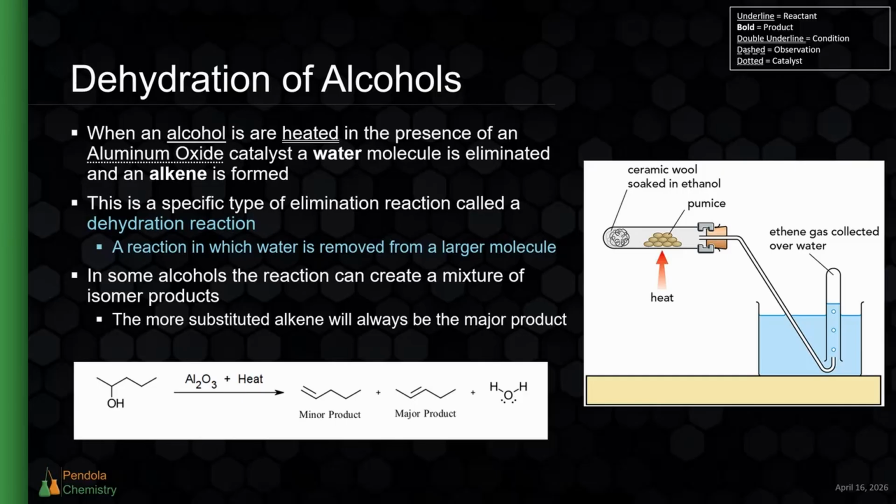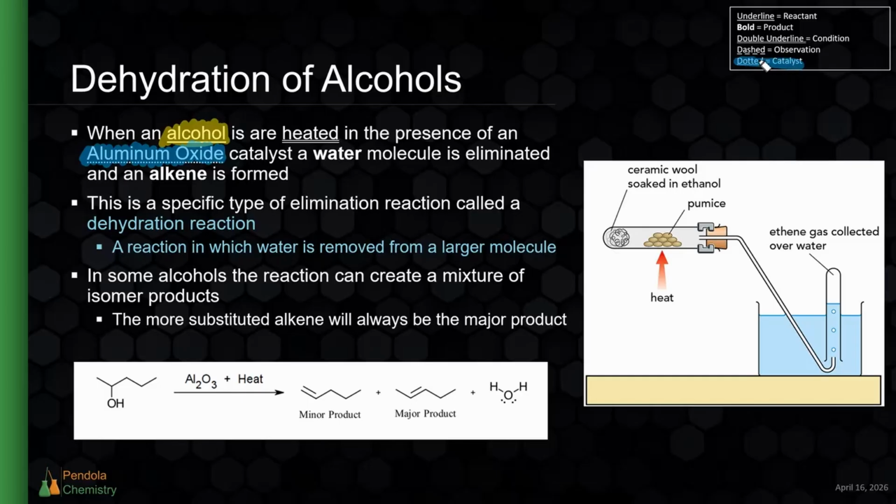So during this reaction, an alcohol is going to be our only reactant. But that alcohol has to be submitted to a number of conditions. It needs to be exposed to aluminum oxide as a catalyst for the reaction to happen.